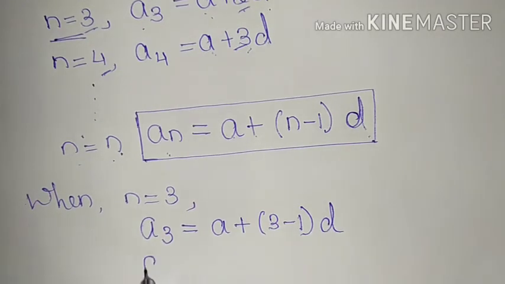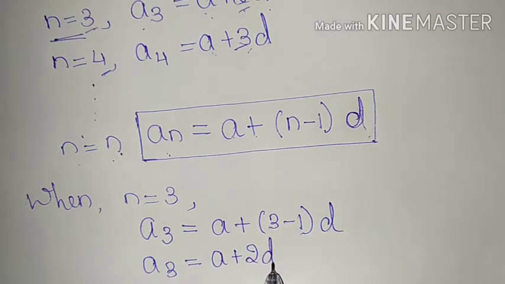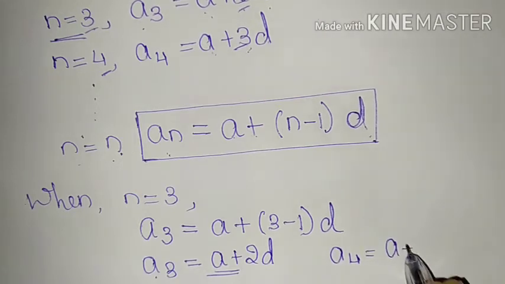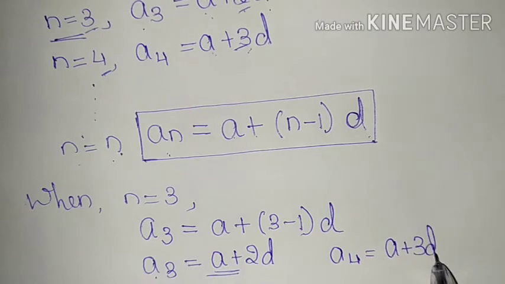So we get a3 equal to a plus 2d. The third term of an AP is a plus 2d. Similarly, a4 is equal to a plus 3d because 4 minus 1 is 3. Okay, now let's go ahead and look at the examples.